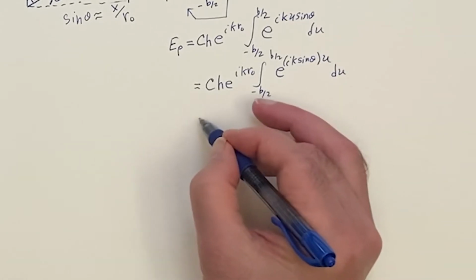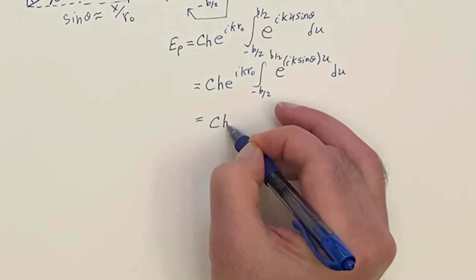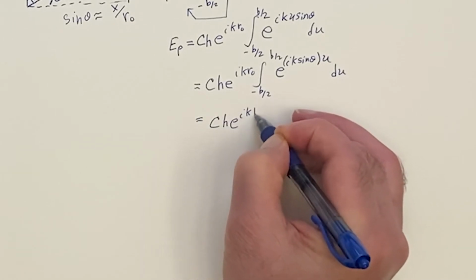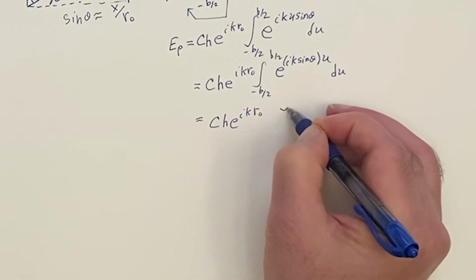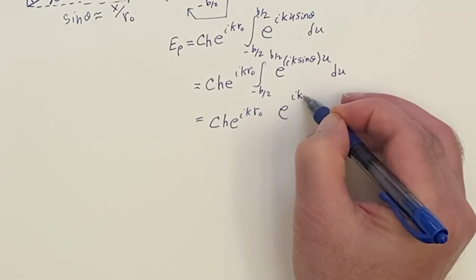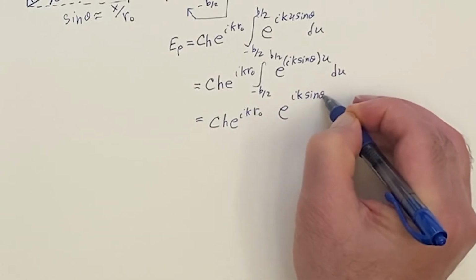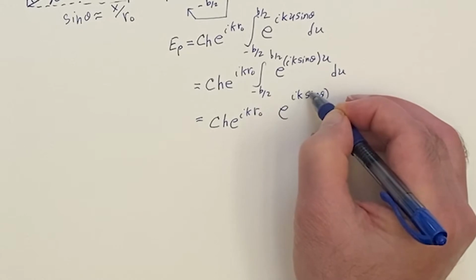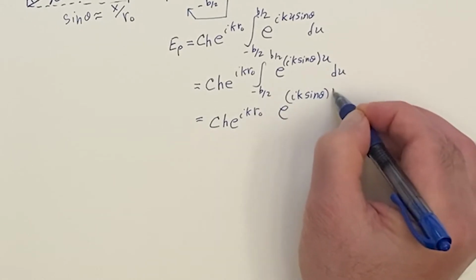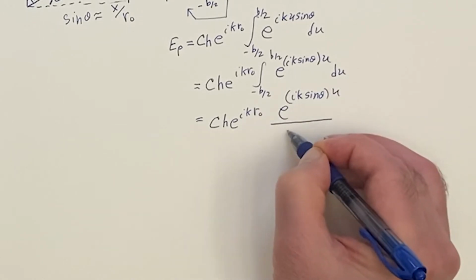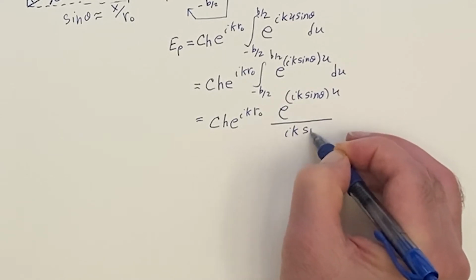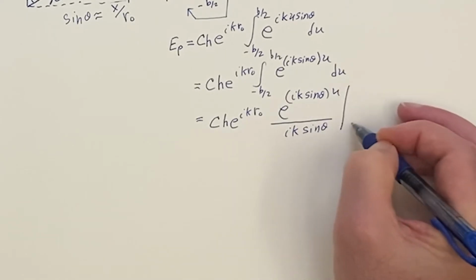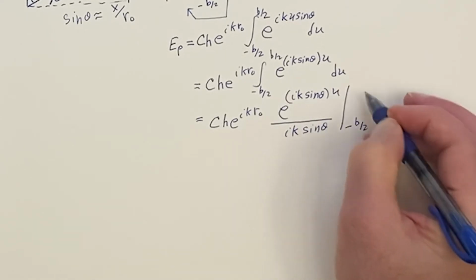So when we do that, we can do the integral. We're going to get e to the i k, this is exponential so these are nice, all this times u over i k sine of theta, going from minus b over 2 to plus b over 2.